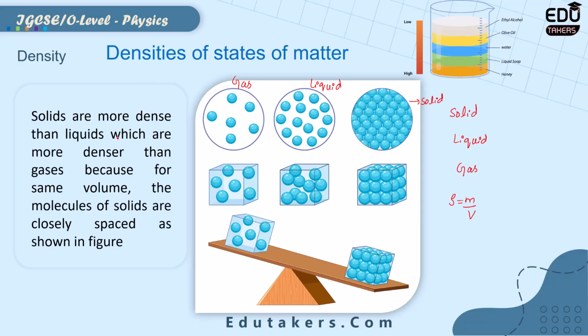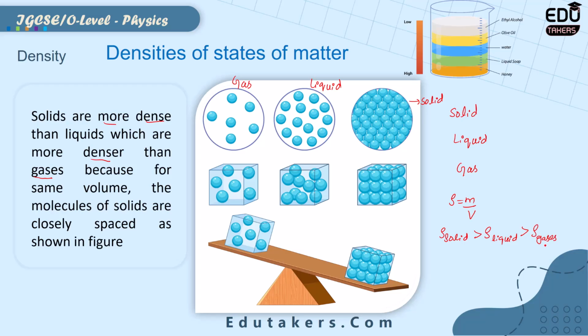So basically it's given here, the solids are denser than liquids, which are denser than gases. I can simply say the density of solid is larger than the density of liquid, which is also larger than the density of gases.